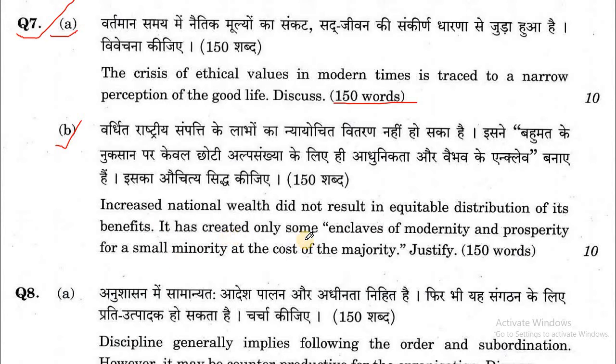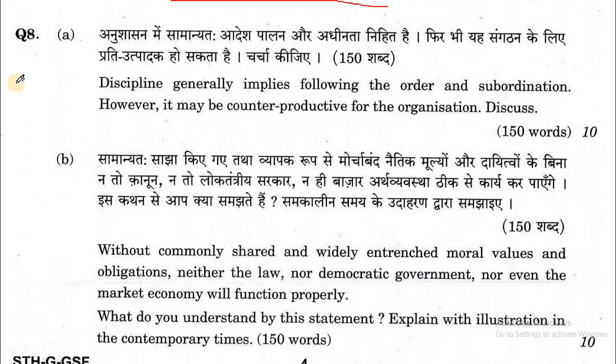It has created only some enclaves of modernity and prosperity for a small minority at the cost of the majority. Justify. 150 words and 10 marks. Question number 8. 8A. Discipline generally implies following the order and subordination. However, it may be counterproductive for the organization. Discuss. 150 words and 10 marks.